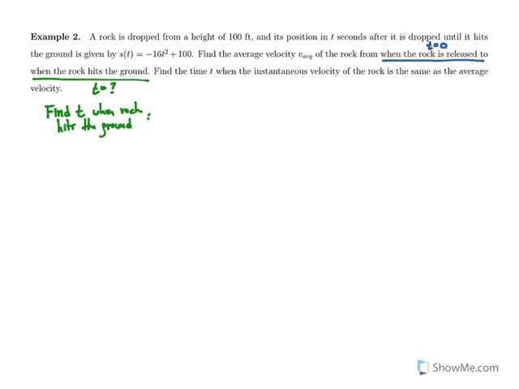And we can do that by setting s of t equal to -16t squared plus 100 equal to 0. The position equals 0. So this is going to give us 100 equals 16t squared. Divide by 16, and that's going to give us 25 fourths.